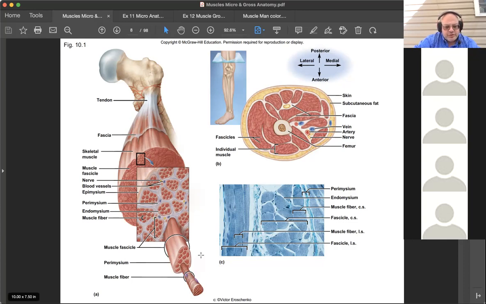The fascicle is surrounded by perimysium, and the fascicles together, the muscle itself is surrounded by epimysium. So endo, peri, and epi as you go from microscopic, from smaller to larger. Okay, so remember endo, peri, and epi. Epi is more upon, like a much bigger type of thing.